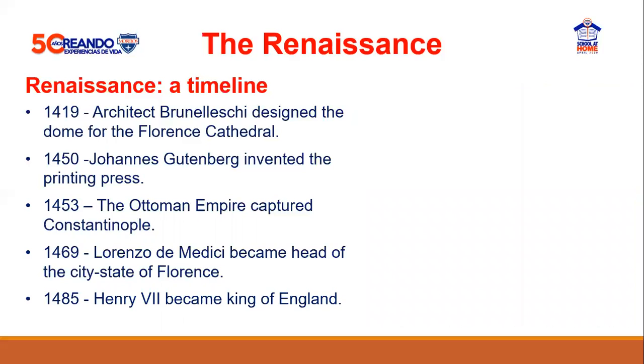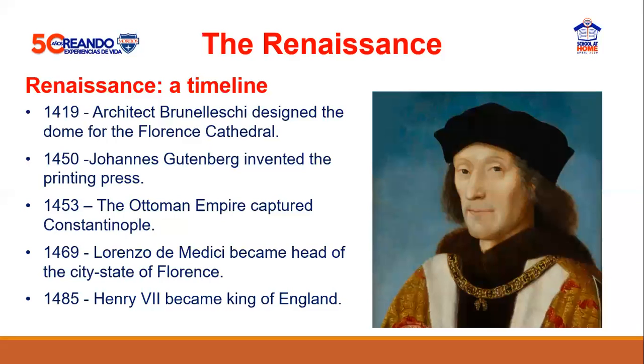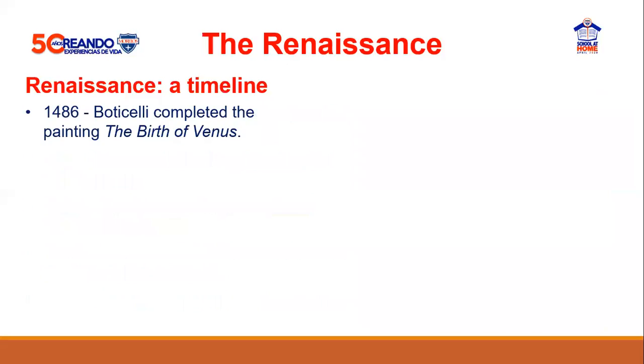And in the year 1485, Henry VII became the King of England. And why is that important? Because he began the Tudor dynasty in England. And we are going to see how his son, Henry VIII, continued his work.